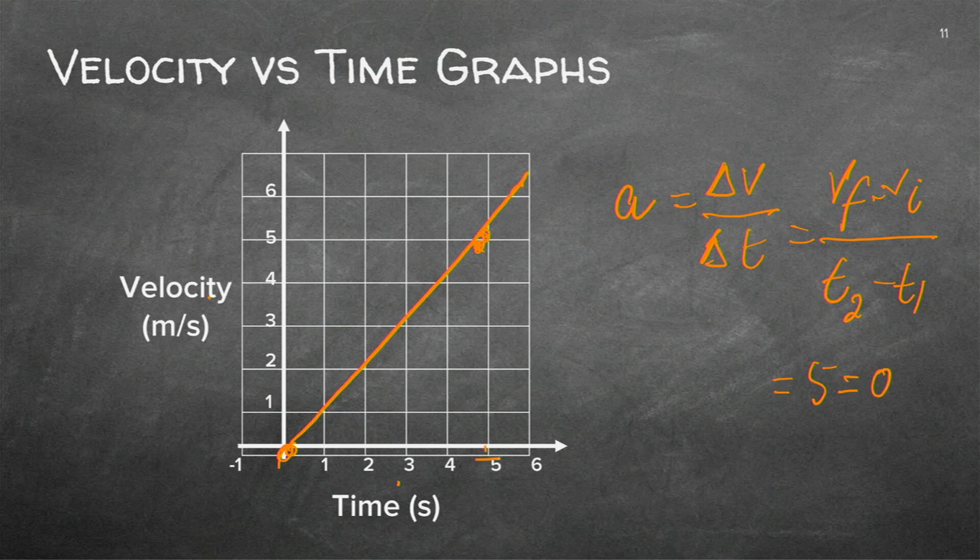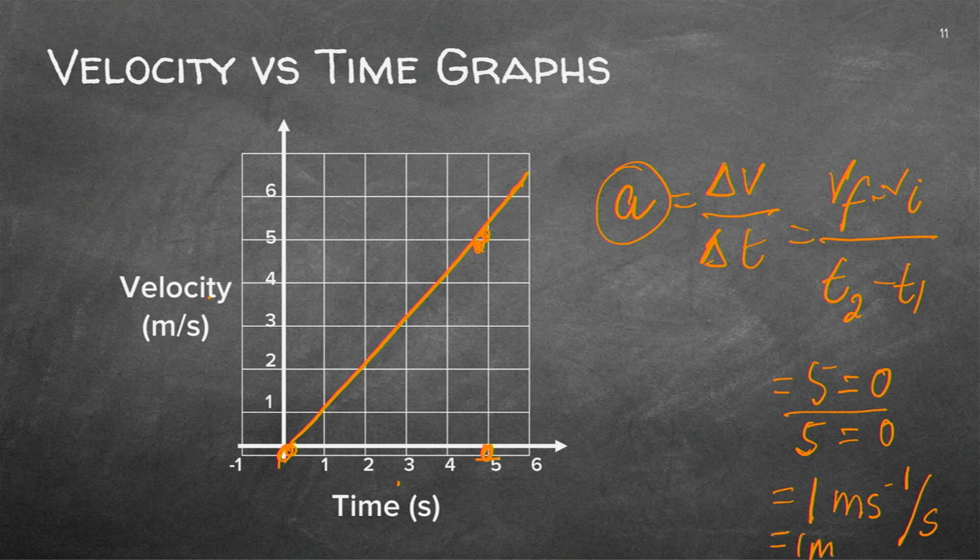The final time here is 5, and it started at 0 seconds. And the acceleration will now be 1 meter per second over a second. And you now know my unit for acceleration is meter per second square. So the gradient of a velocity time graph gives me the acceleration.